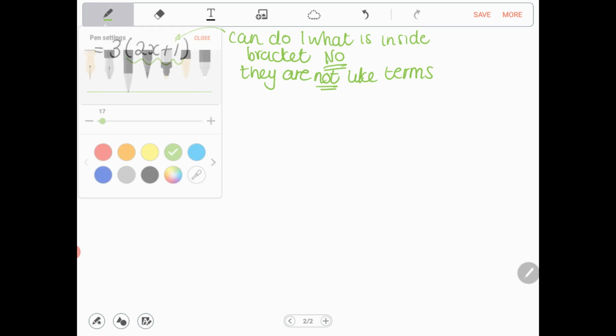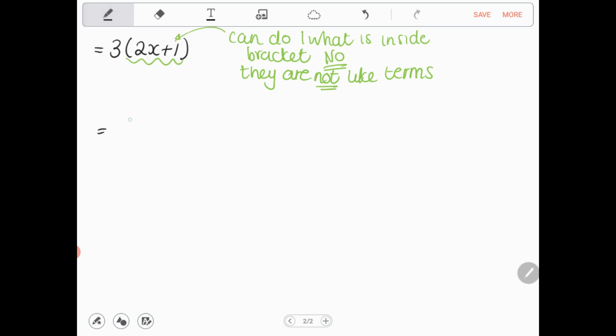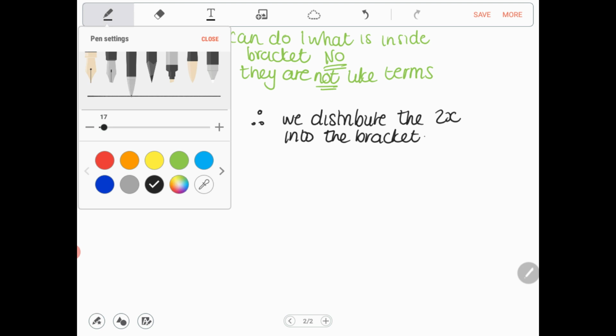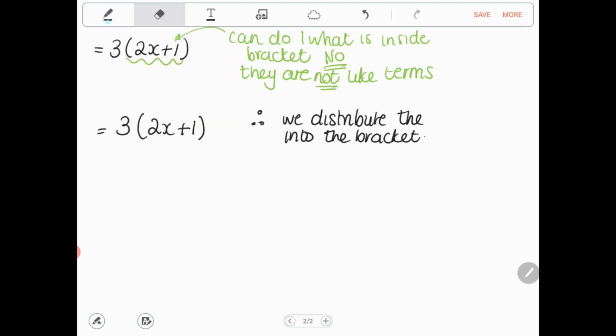So what we have to do is distribute the 2x into the bracket. Sorry, not the 2x. Distribute the 3 into the bracket.